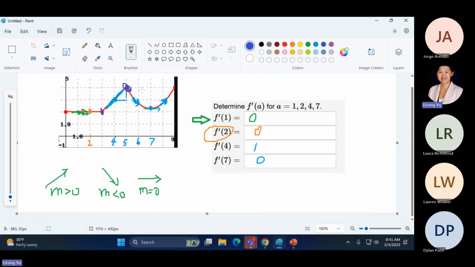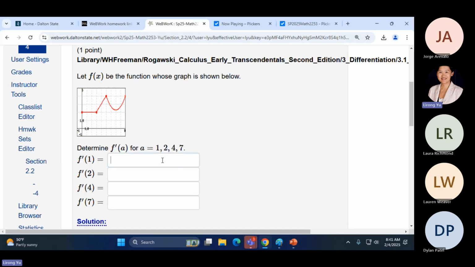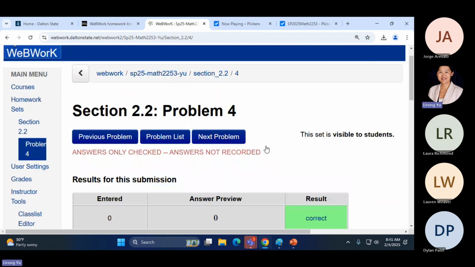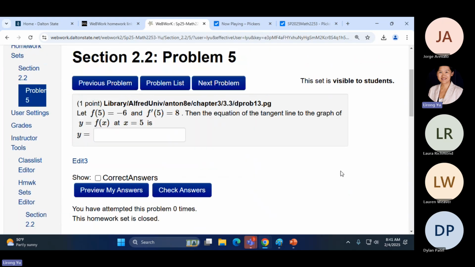Whenever you run into a sharp corner, and in real life, if you're designing a highway, it should be smoothed out, right? It cannot be that way. Whenever you have anything sharp, something is wrong, and we have an undefined derivative there. So that example was just to illustrate the relation between the graph and the function itself. So at 2 it's 0, at 4 it's 1, and there it's 0. That was this example. Most of these questions have that.